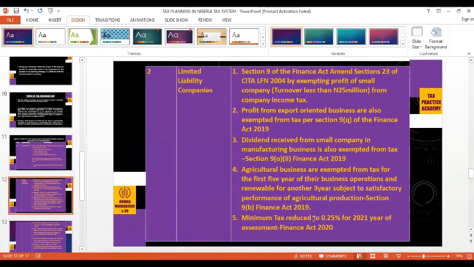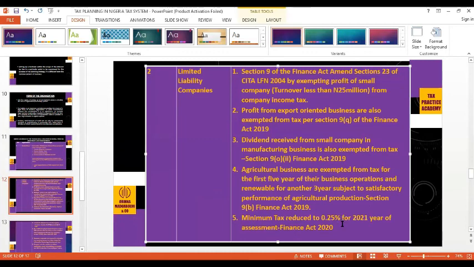Minimum tax reduced to 0.25% for the 2021 year of assessment. That's minimum tax, which is applied on turnover. That's gross turnover. Okay, so that's 0.25% of gross turnover. So I think that is where you are having it.